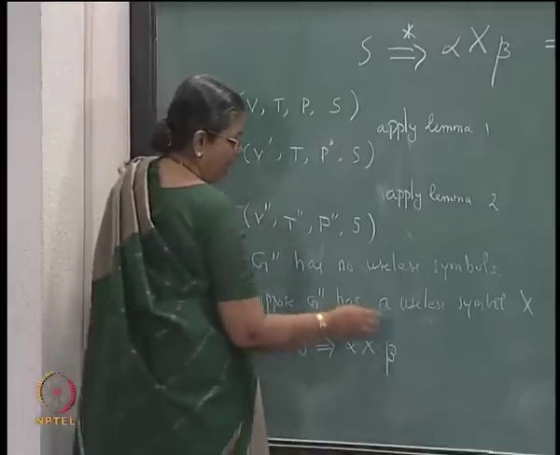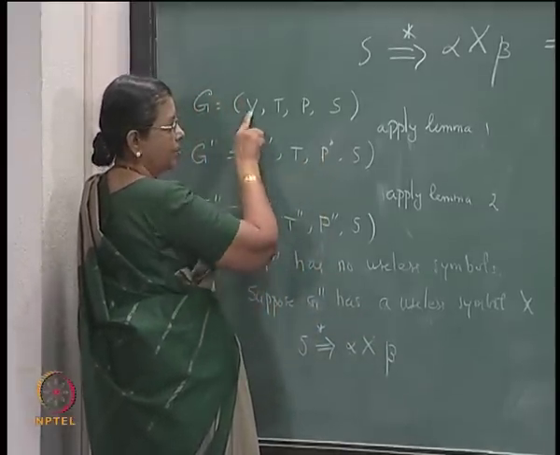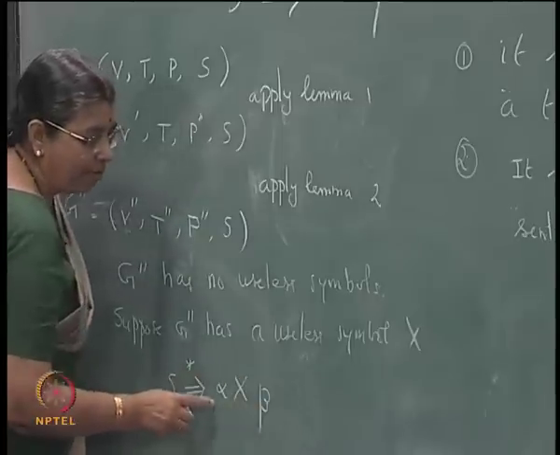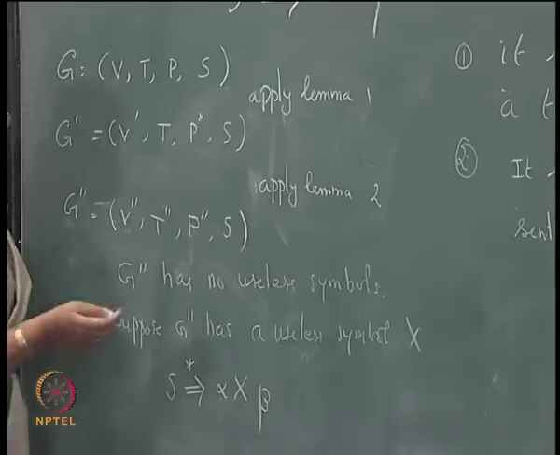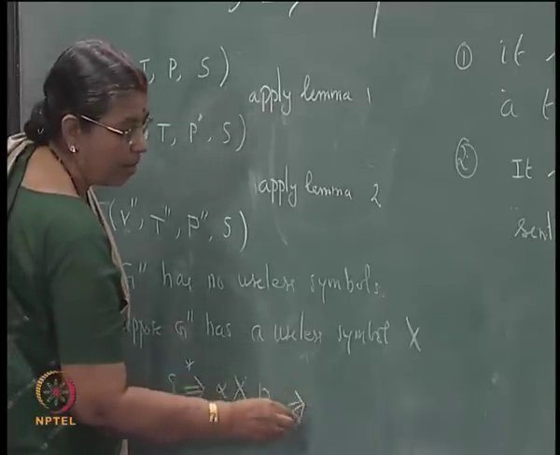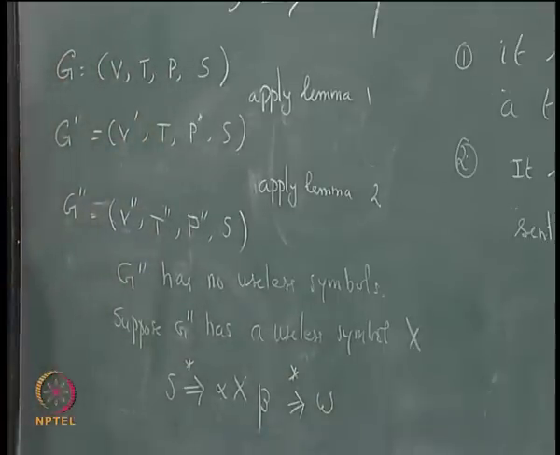Okay. So, P2 dash is a subset of P dash, V2 dash is a subset of V dash, and so on. So, from every symbol here it should be possible to derive a terminal string. So, you are able to get a derivation like this, which means that X is useful and it is not useless as you assumed.